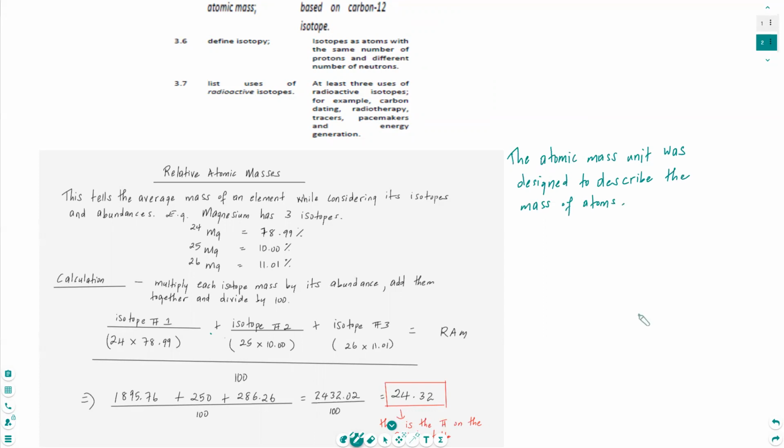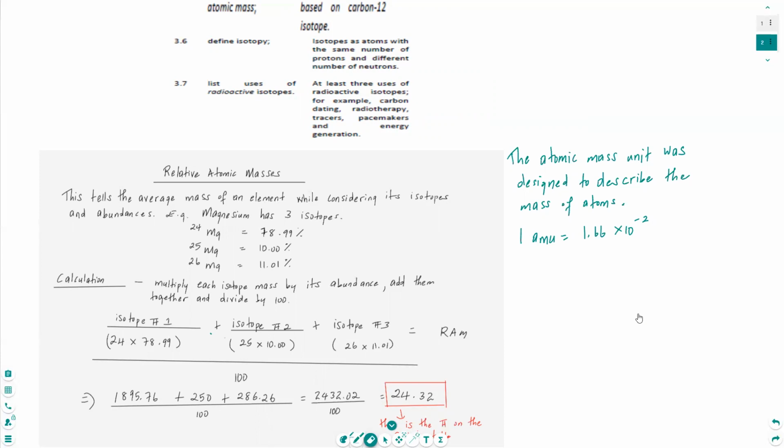So it would be very difficult for us to be talking about the mass of an atom and to be speaking about it in terms of grams. Because if we look at what an atomic mass unit weighs, or what one atom weighs in gram, is almost insignificant. So an atomic mass unit, which is a unit that was developed just to be used in chemistry, is actually 1.66 times 10 to the negative 24 grams.